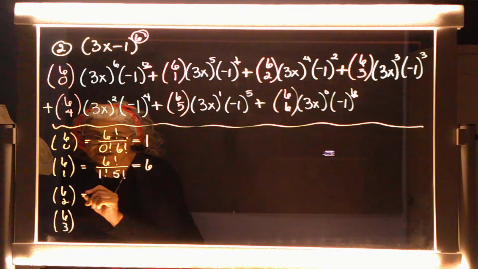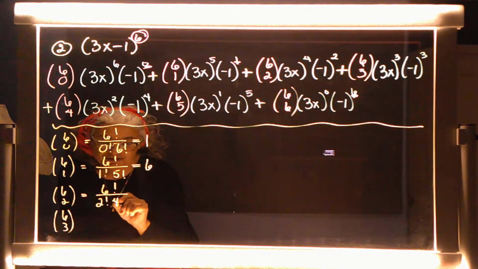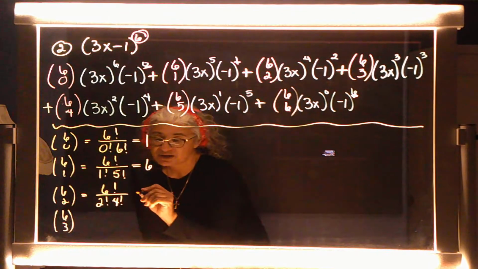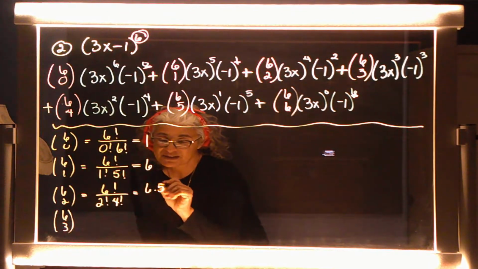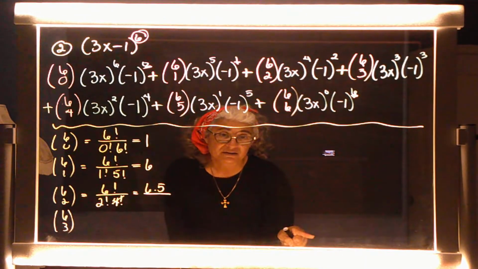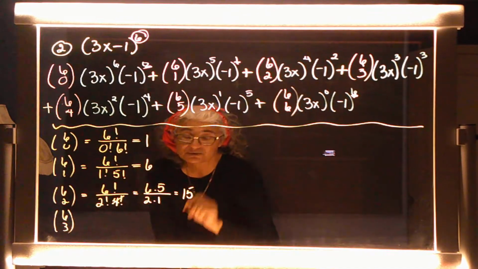Good. Let's look at this one. 6 factorial over 2 factorial times 4 factorial, right? Okay, so what can you cancel? Yeah, the 4, 3, 2, 1s, which means on the top you have 6 times 5. This guy dropped out because that was a 4, 3, 2, 1. And you still have 2 times 1, which would give you 15, wouldn't you?